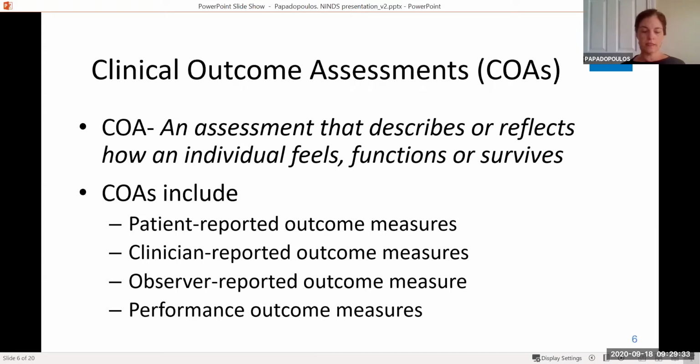And in some cases, an actual demonstration of a defined task may be appropriate, and then we would use a performance outcome measure. Last but not least, we're also seeing increasing interest in using digital health technologies that can passively collect continuous data from patients on important functions such as activity or sleep as they go about their daily lives.